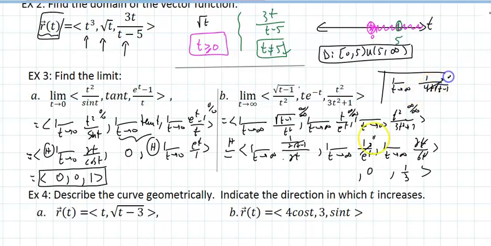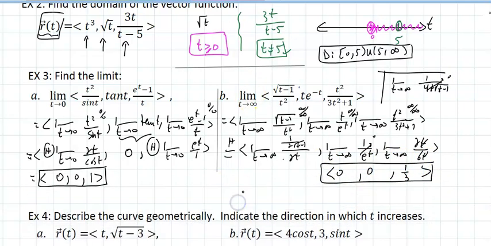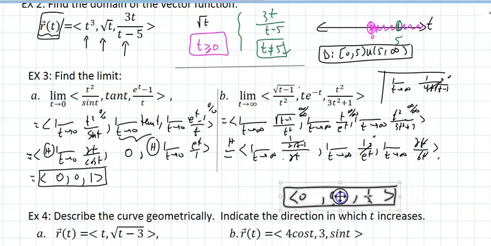As t approaches infinity, that approaches 0. And there it is.